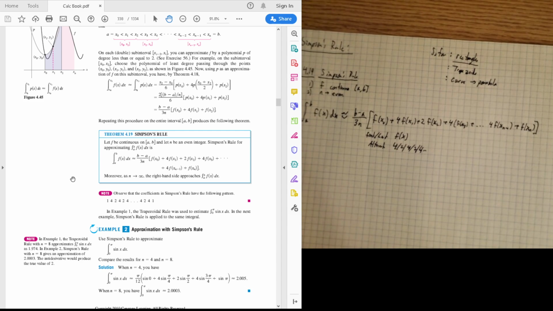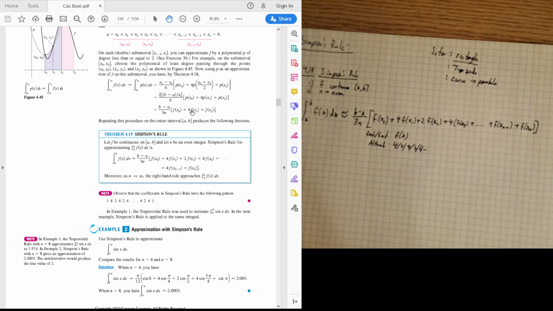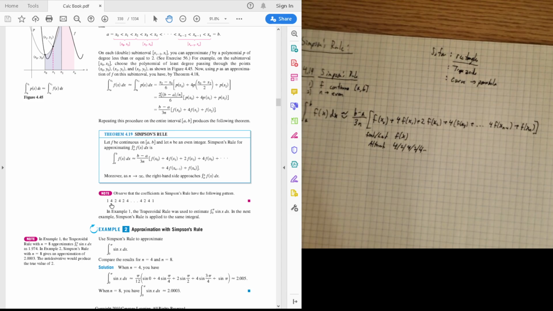And so you can see up above an example of when you have only 3. It would be just f of x plus 4 plus f of x. So the first and last are always by themselves, and then it starts at 4 and then alternates ending at 4. So yeah, and you can see down here a different example of this, written as the following pattern: 1, 4, 2, 4, 2, 4, 2, 4, 2, 4, 2, 4, 1. It'll always start on a 1 and end on a 1. The next one will always be a 4. The next number will always be a 2, and so on and so forth.